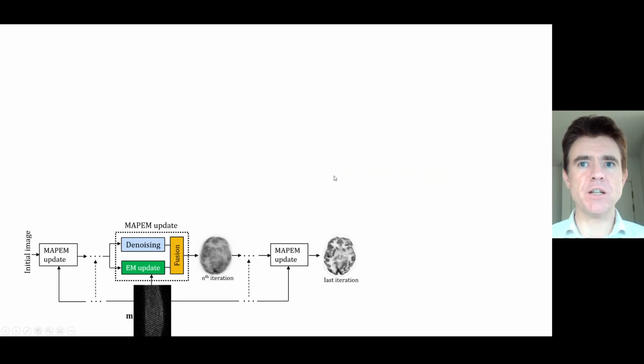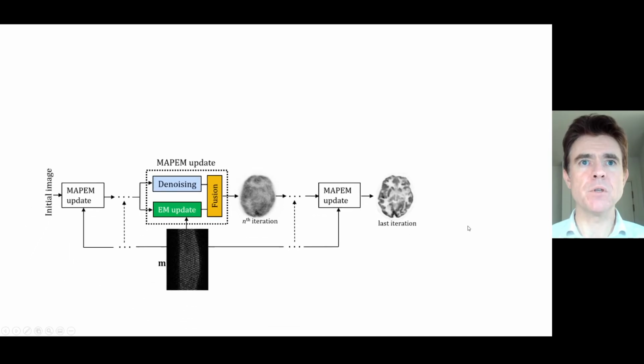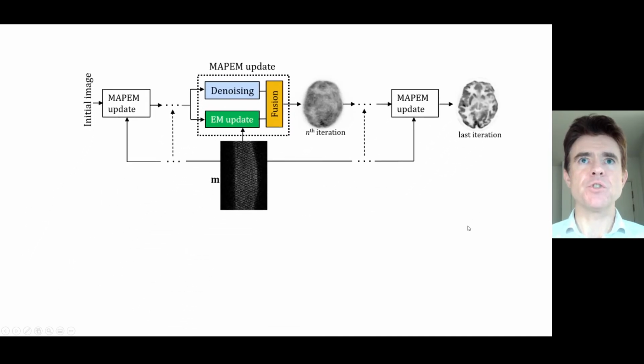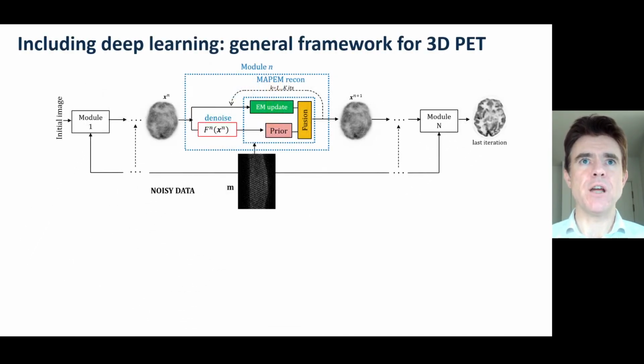Okay, so let's take that unrolled iterative algorithm, the MapEM framework, and we're just going to slightly modify that in order now to look at what we do in embedding deep learning. And this is very similar to what you've just seen. It's just that that denoising step now has just been explicitly broken down into two components. One is actually a denoiser, and as we'll see, we'll be learning what that denoiser is.